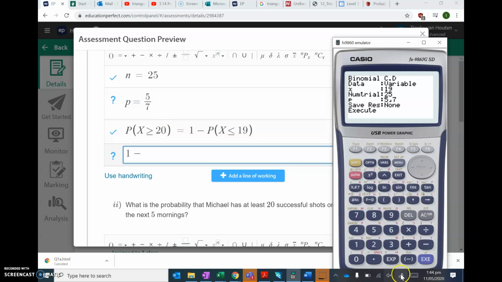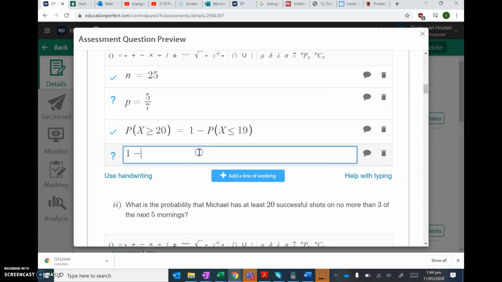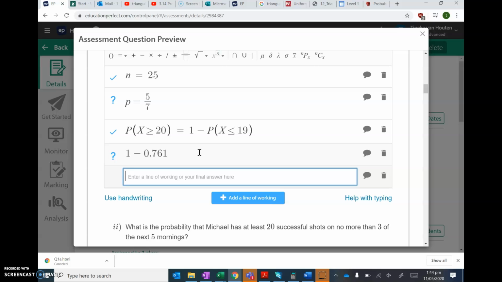It's my probability, 5 out of 7 successful. Okay, and I do that, press equals, and I get 0.7613. 0.761, leave it like that. And that equals 0.239.